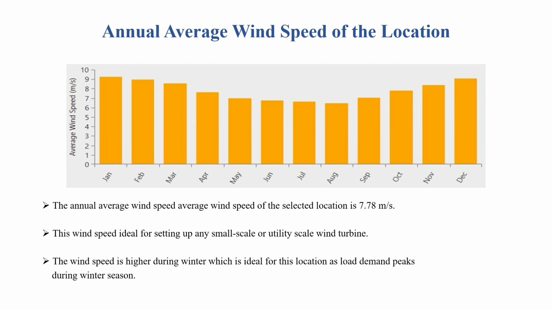We can also see that this wind speed increases in January, February, and in the months of November and December, where our energy consumption increases for the winter season. So, this wind generation system can generate more energy at that time, and that will be helpful to meet our excess demand.